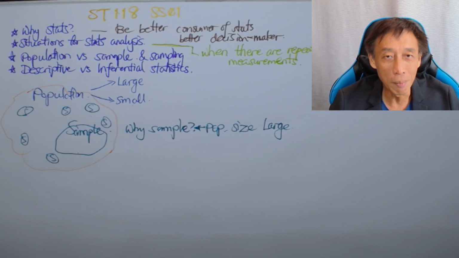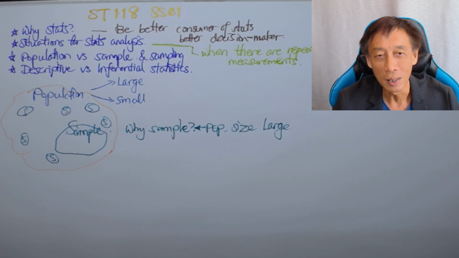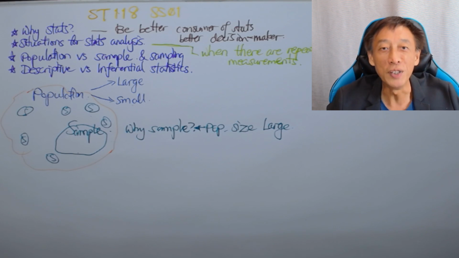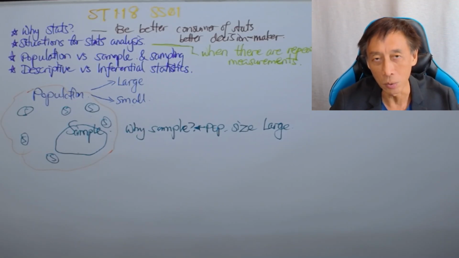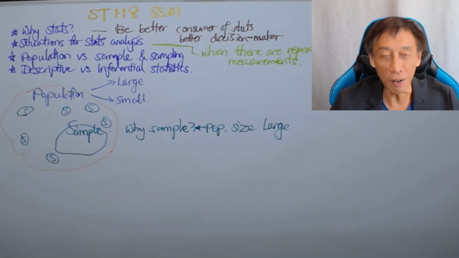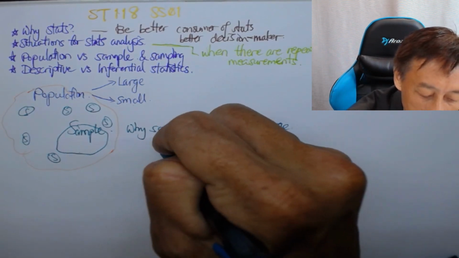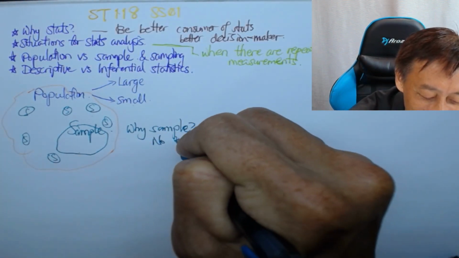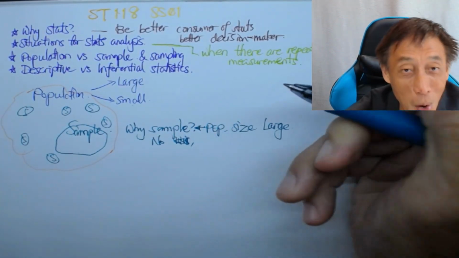Even if you email them, keeping track of 6.1 million people's emails, whether they have responded, and sending them reminders is already not easy, much less meeting those people, asking them their income and seeking their consent. So not enough time, not enough effort, no time, no money to begin with to do all these.